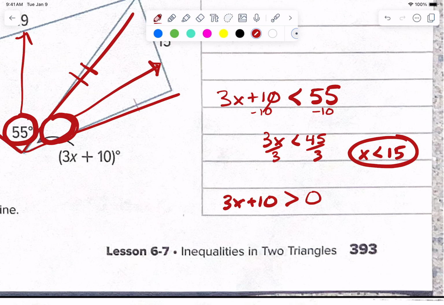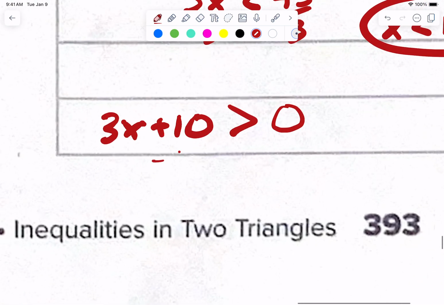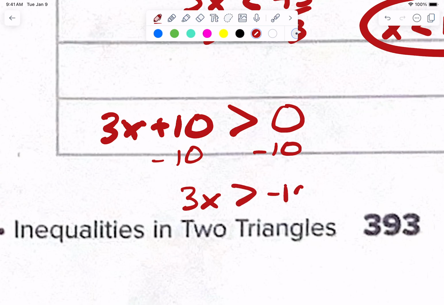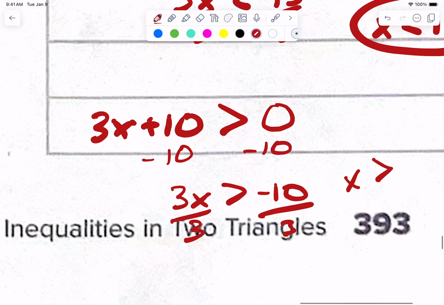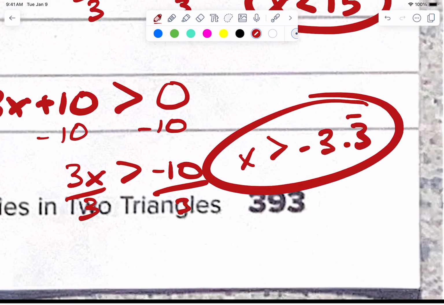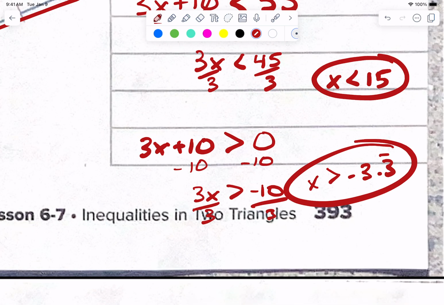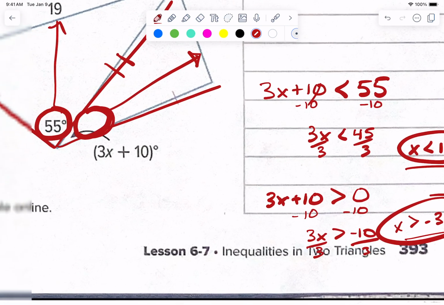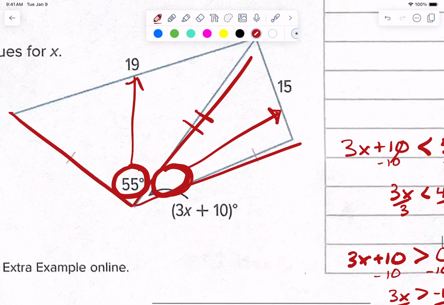Here, we're going to get a negative number for x, I think. Subtract the 10: 3x is greater than negative 10, and divide by 3. So x is greater than negative 3.3 repeating, I think. That make sense? So x can be whatever it wants to be, but it has to be less than 15 and greater than negative 3.3. Does that make sense? Do you see why we're restricted by 0 and 180?